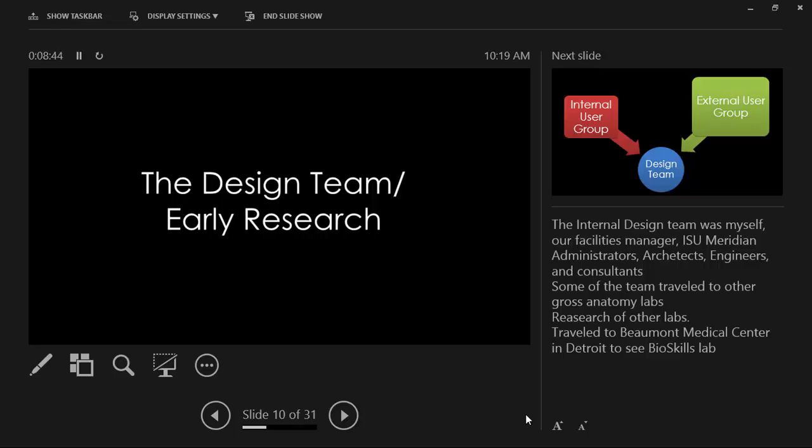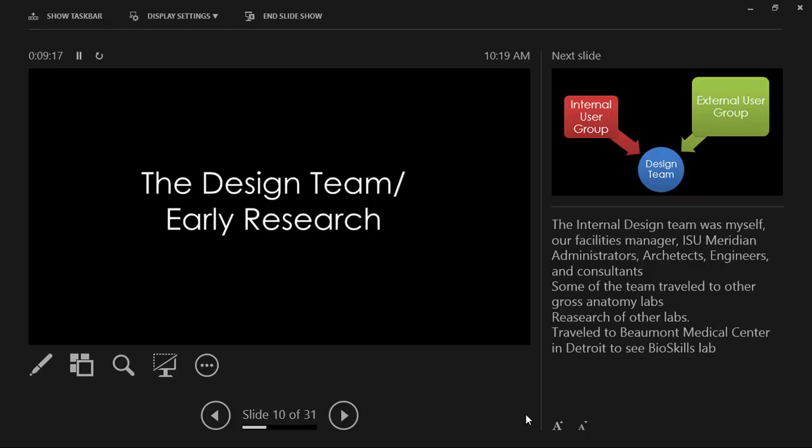And some of the early research that we started to do was just to find out what other people are doing in similar spaces. We didn't necessarily find one space that had all of the things that we wanted to be able to do, BioSkills Lab, Gross Anatomy Lab, those kinds of things. But we went out and found those places and got some research about what's happening in that industry. So we did have some folks who toured some similar gross anatomy labs throughout the Northwest.